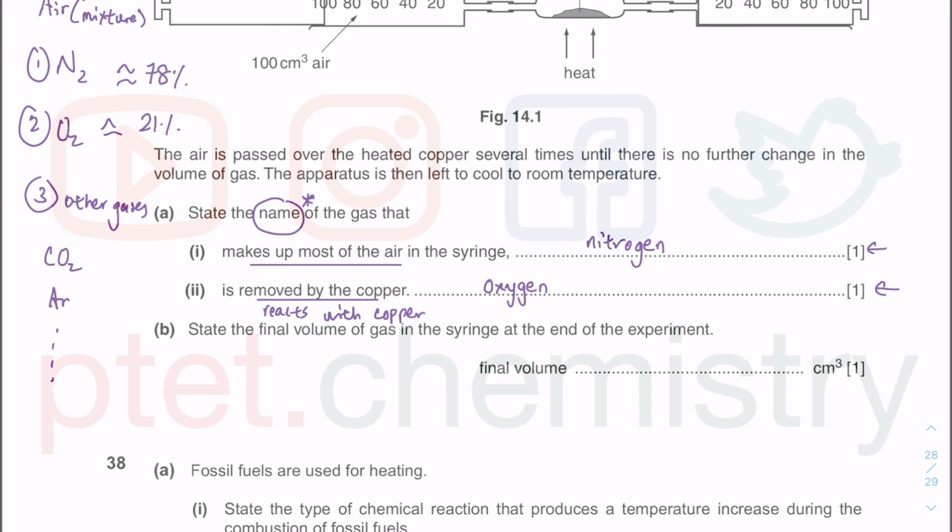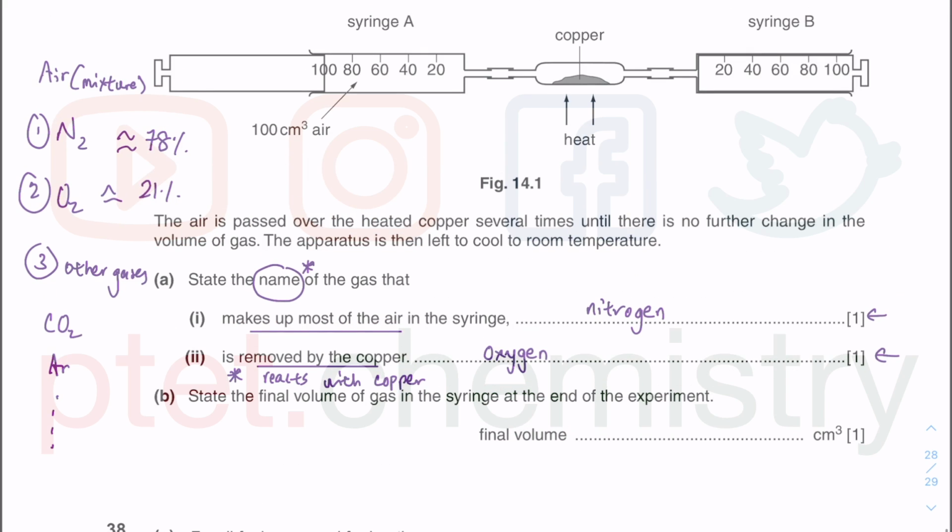Now, the gas that has been removed, that's been removed due to reaction with the copper, so state the final volume of gas. So we know that oxygen is around 21%. So what happened is we started with 100 cm3. So you have 21% of 100 cm3 is 21 cm3.